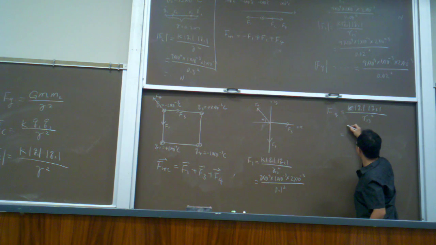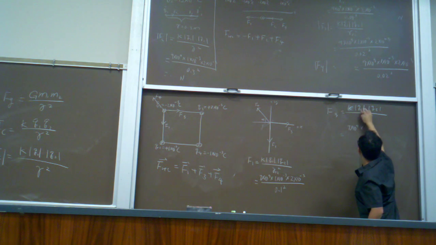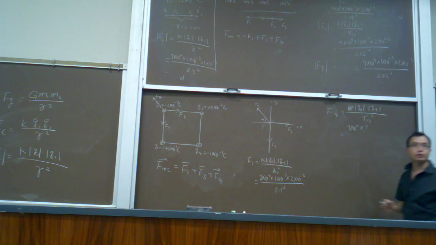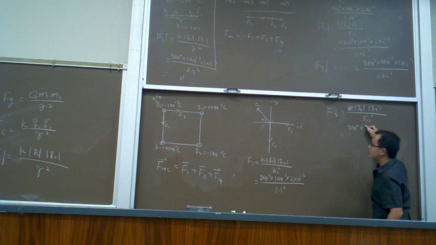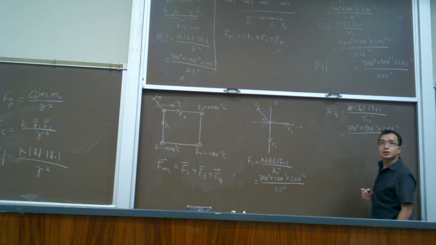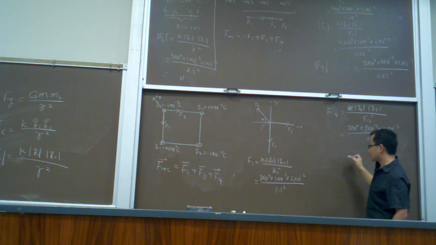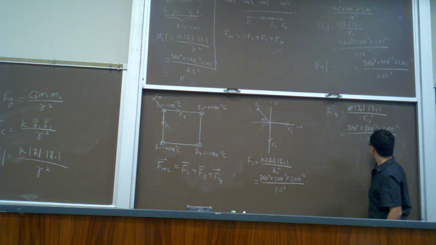So here it is almost the same: 9 times 10 to the power of 9 times the absolute value of Q2, because we are calculating the force acting on Q2, which is 2, and the absolute value of Q3, which is 2. What is the distance here? Again, 0.1, right? So this is also simple. You are going to get the number.